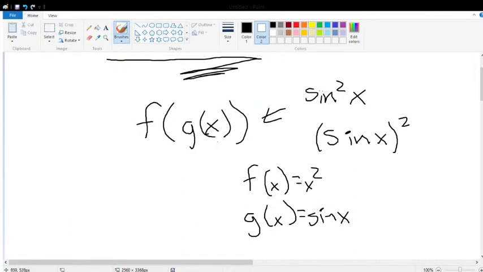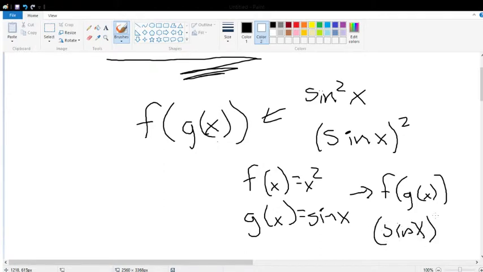And this is a composition function. If you put g of x inside f of x, wherever you see an x in f of x, you put your sine of x, right? So if you put your sine of x inside the x squared, you get sine of x squared. And that's what we have here, and it will be shorthanded to this. So you have to recognize that this is a composition function.